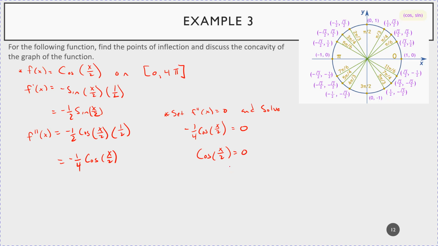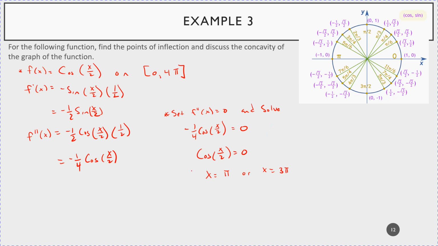Well, let's look at when cosine equals 0. Cosine equals 0 at pi over 2 and 3 pi over 2. Well, we have the 2 over here. So this is going to happen when x is equal to pi, because when you plug in pi, you'll get pi over 2. And then it's going to happen at 3 pi, because when you plug in 3 pi, you'll get 3 pi divided by 2. Boom, you get 0.